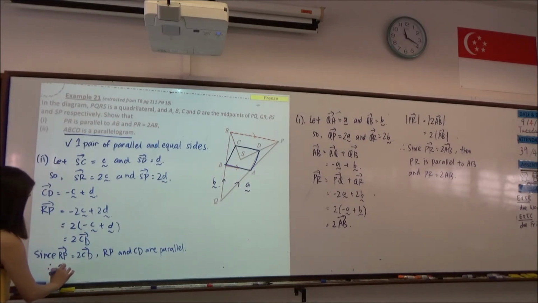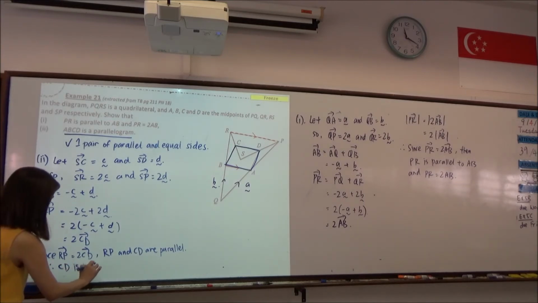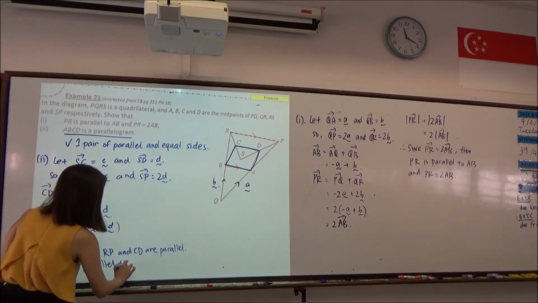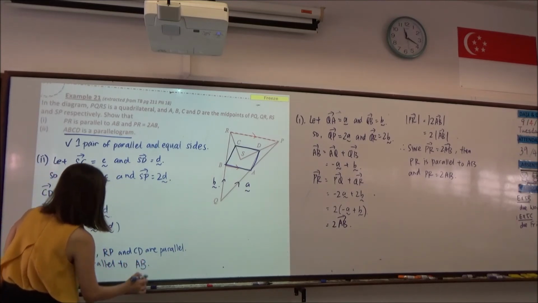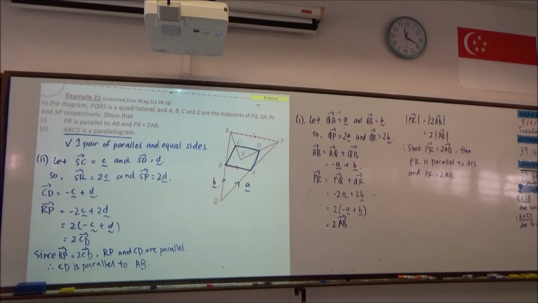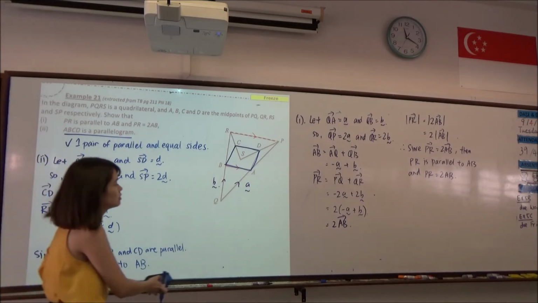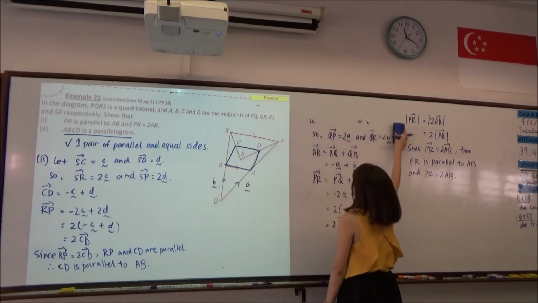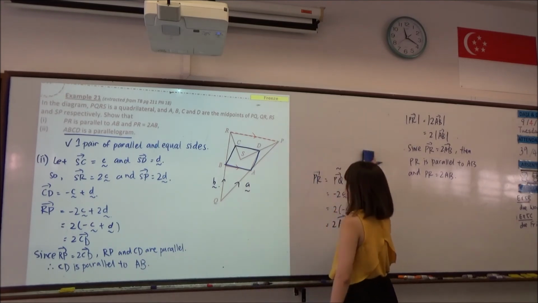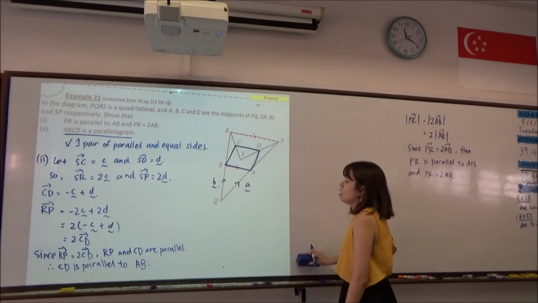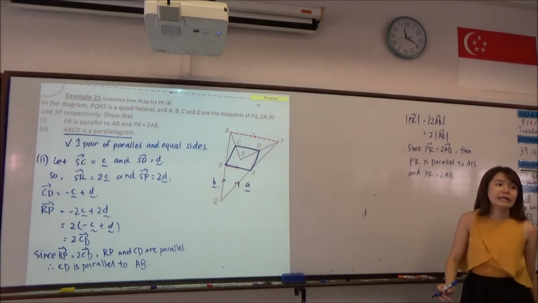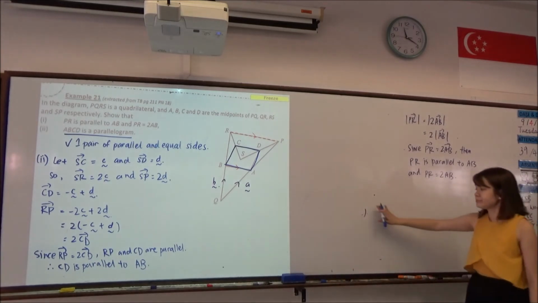So therefore, CD is parallel to AB. So we have proven one pair of parallel lines. Now we need to go into proving that they are equal in length.